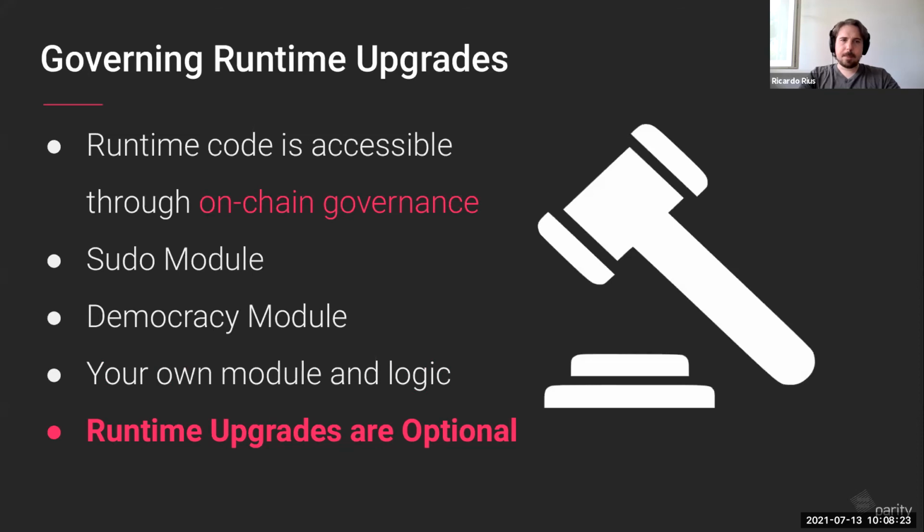Also, another important thing is, now that we have decided that upgrades are needed, how can we coordinate these upgrades? Many times we have off-chain forums, and while these forums are good, they are also centralized, and the conversation mainly happens between just a few developers and a few people.